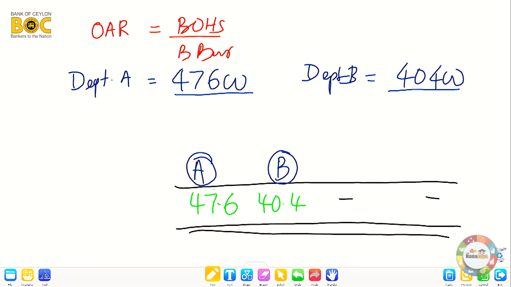Then you have to identify the value of the budgeted basis.